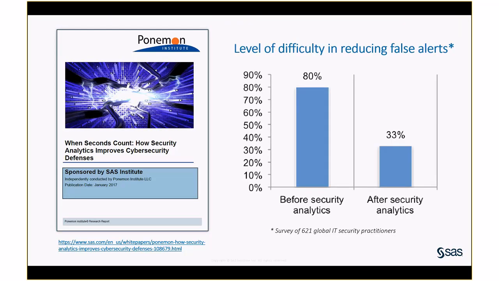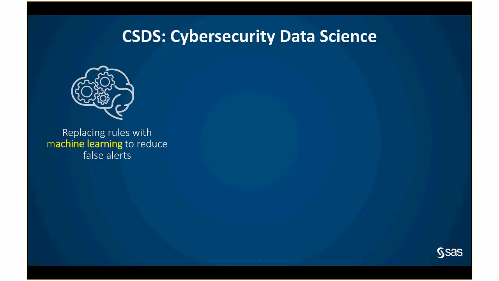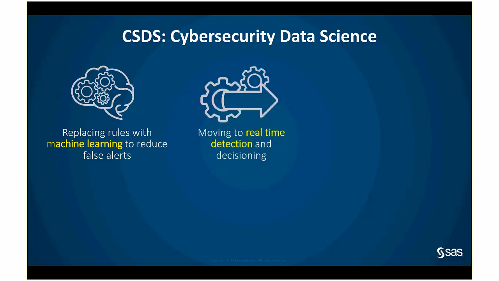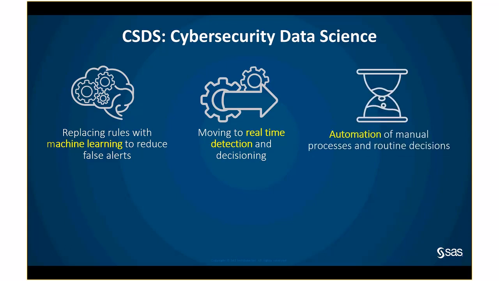So SAS has conducted research that shows quite strongly that the application of analytics in cybersecurity domains is highly efficacious, which is that it does reduce false alerts, and that there's quite a lot of hope in using machine learning and more sophisticated analytics techniques to replace rules and signatures, and that advanced analytics can also assist in real-time detection and decisioning, as a result automating many of the manual processes and reducing labor overhead.